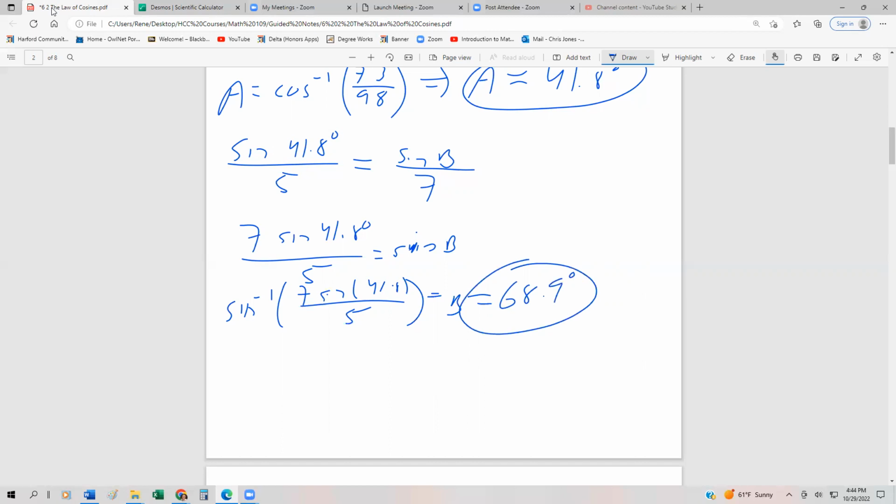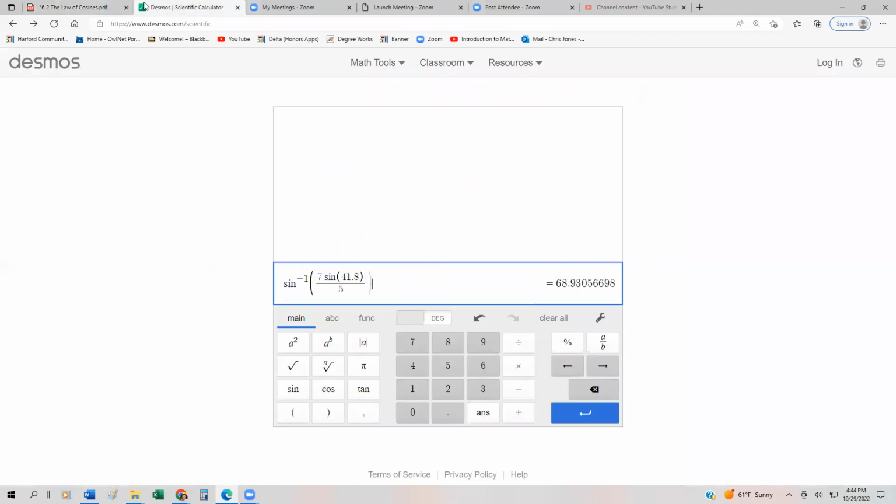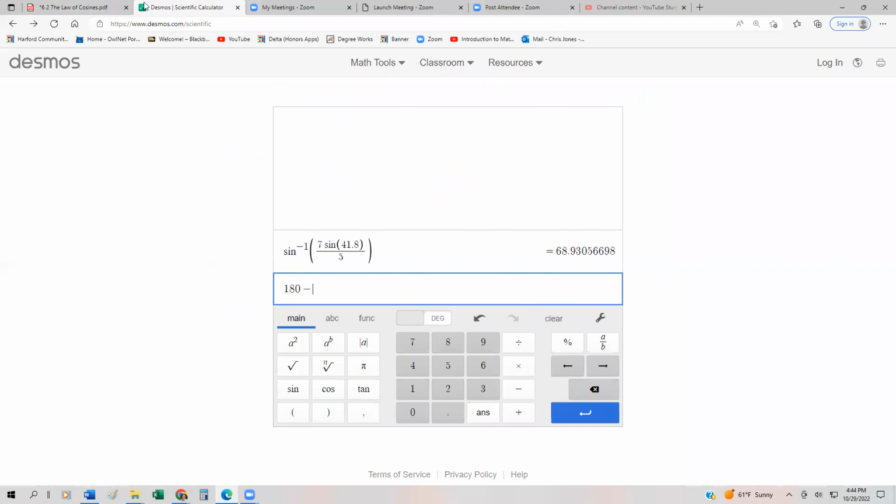Finally, to get the last one, we could just go ahead and subtract both of those angles from 180. So C, which is the only angle left, is going to be 180 minus whatever A was, 41.8 degrees, minus whatever B was, 68.9 degrees. And so C, if we compute that, we're going to have 180 minus 41.8 minus 68.9, I believe.